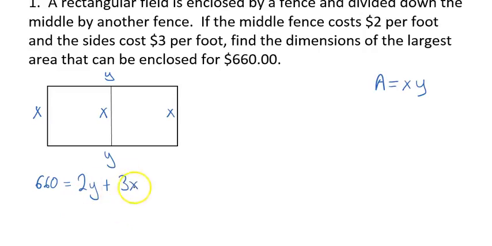But this is just representing length and this is representing money, so I need to change this to represent money. The y's that I said I have 2 of, those cost $3 per foot. And the 2 ends that are x's cost $3 per foot.